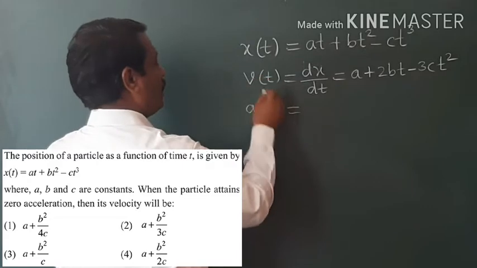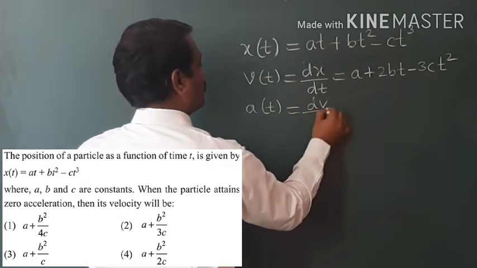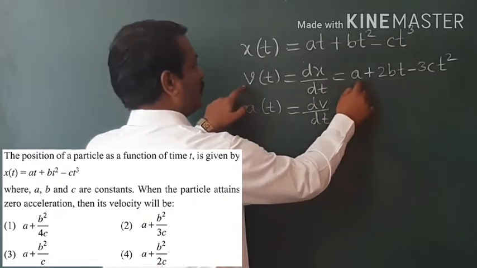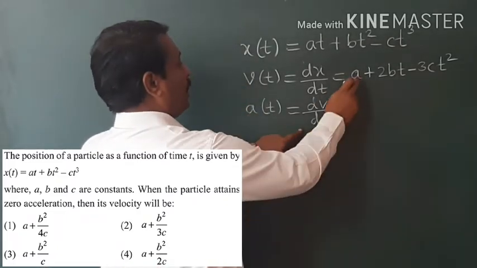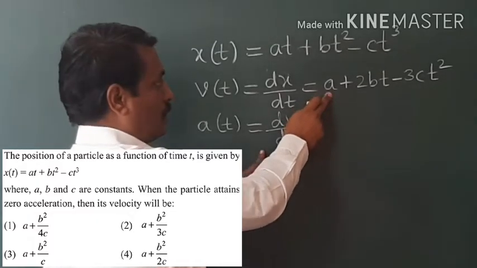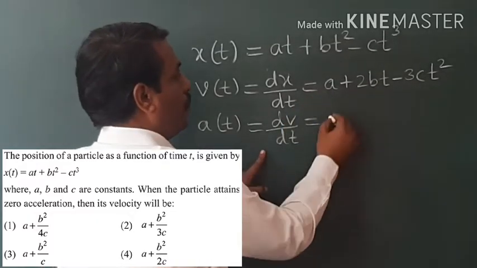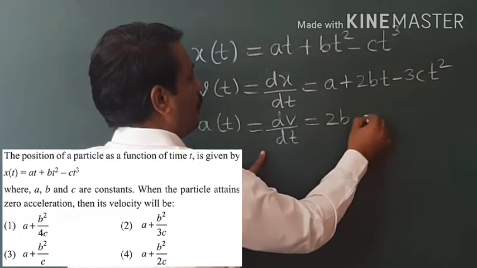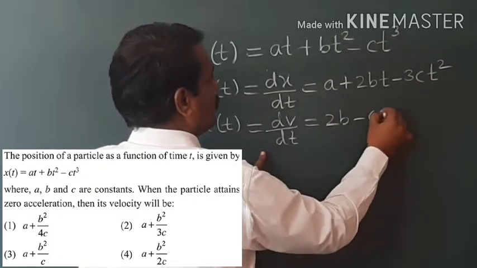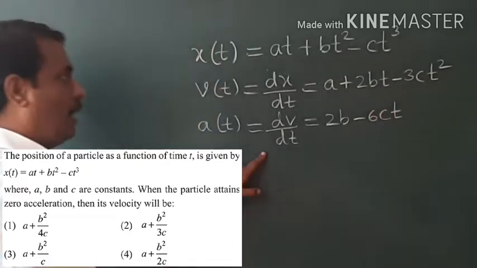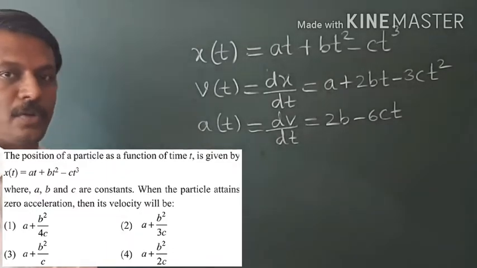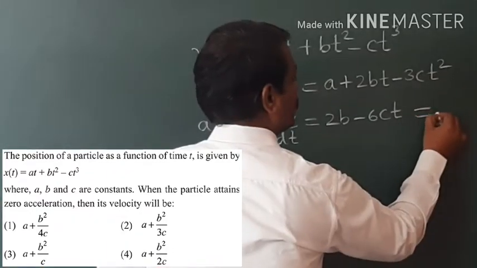Then acceleration is equal to dv by dt, differentiation of velocity with respect to time. So we differentiate this with respect to time. Then here differentiation of a is 0 because it is a constant. Then the differentiation of 2bt is 2b, minus differentiation of this is 6ct. And here the condition is acceleration is given 0, right? Therefore this is 0.